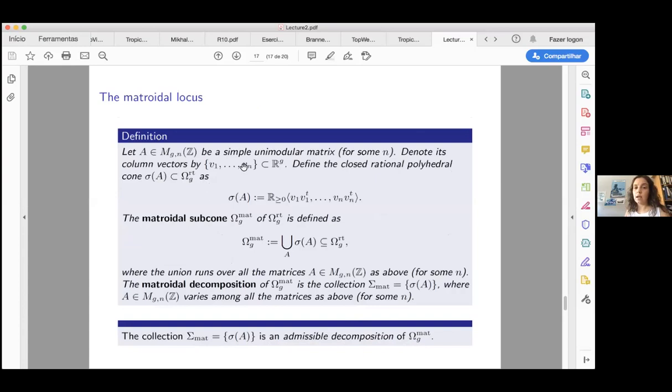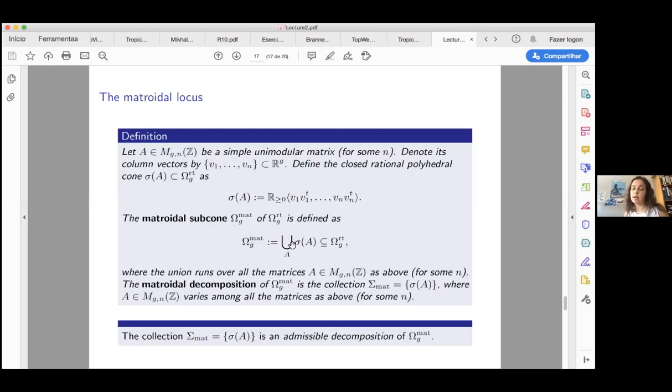So given a simple unimodular matrix A, you can define this cone, sigma_A, generated by the quadratic forms obtained by multiplying v_1 v_1 transpose, etc. So these are the column vectors of the matrix. And then you define the matroidal subcone inside Omega_g^rt to be the union of these cones.